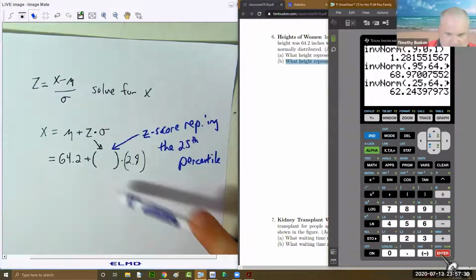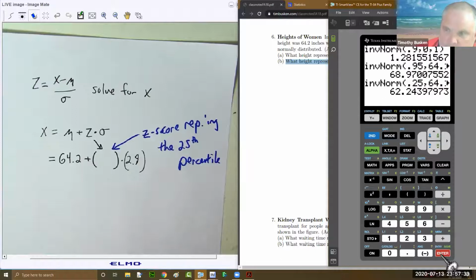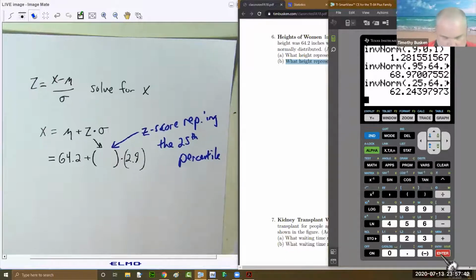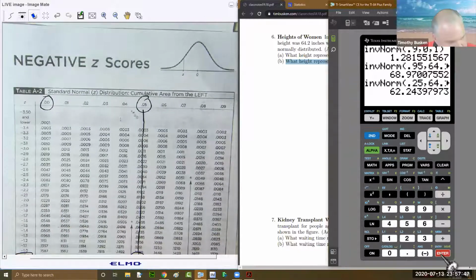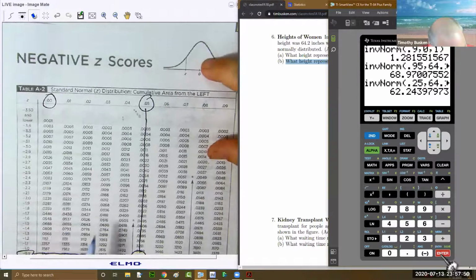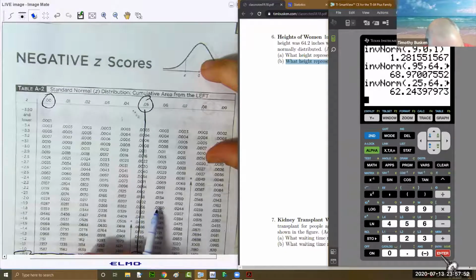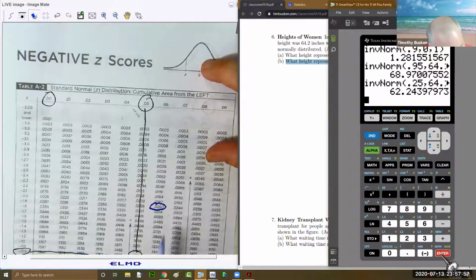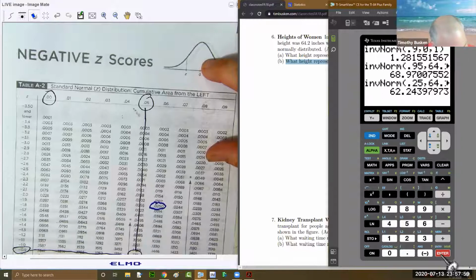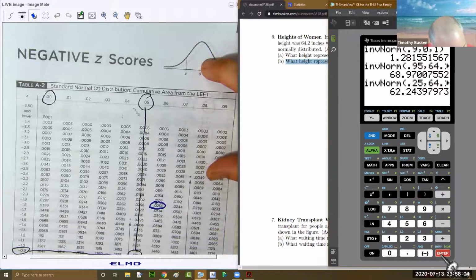To get this value of z, we have to look in the z table for the 25th percentile, or 0.25. So I'm looking in the table body for 0.25. Here it is, right there. Nope, that's 2.5%. I have to be careful not to make that mistake. We're looking for 25%.